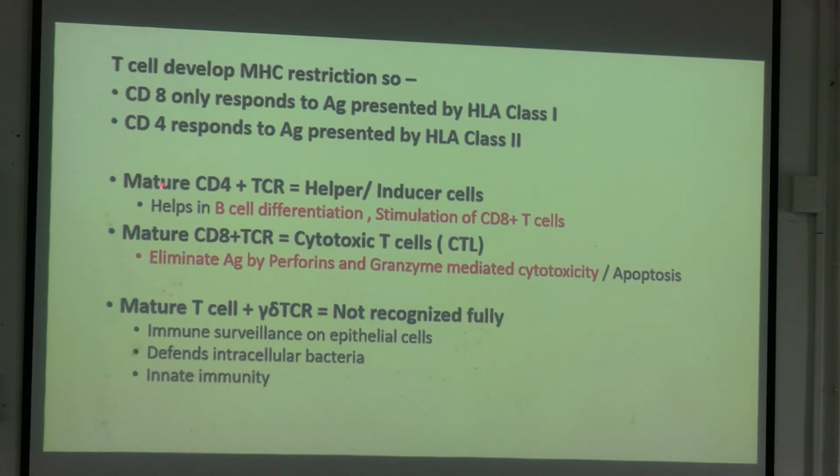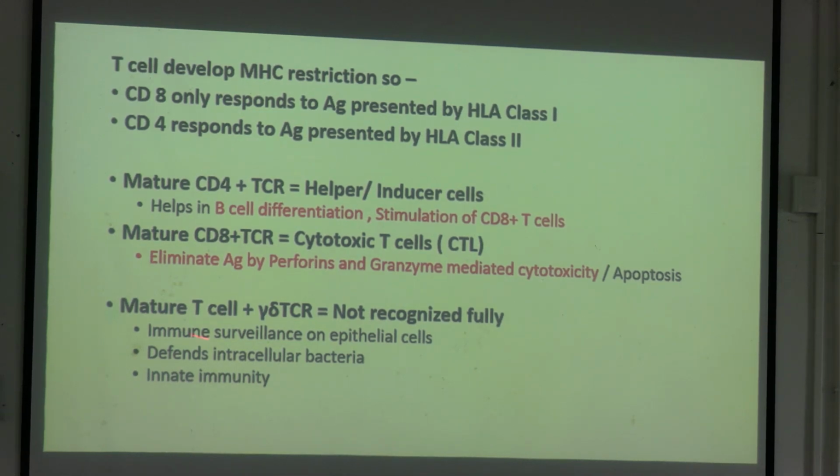Now what happens is mature CD4 plus the T cell receptor, as I described, will be inducing the helper or the inducer cells. What are they doing? B cell differentiation and stimulation of the CD8 cells. Mature CD8 cells, if they come in contact with the T cell receptor, will give rise to something known as cytotoxic T cells. Now what is the function of cytotoxic T cells?